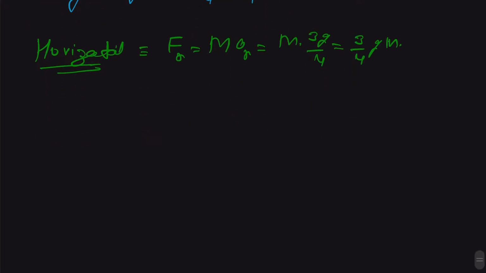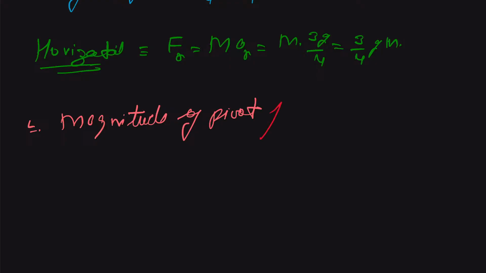Now we have two forces in the x and y directions, so we can easily find out the resultant. Therefore the magnitude of the pivot force F is equal to the square root of F_x square plus F_y square. The angle between the two is 90 degrees, so cos 90 will be 0.